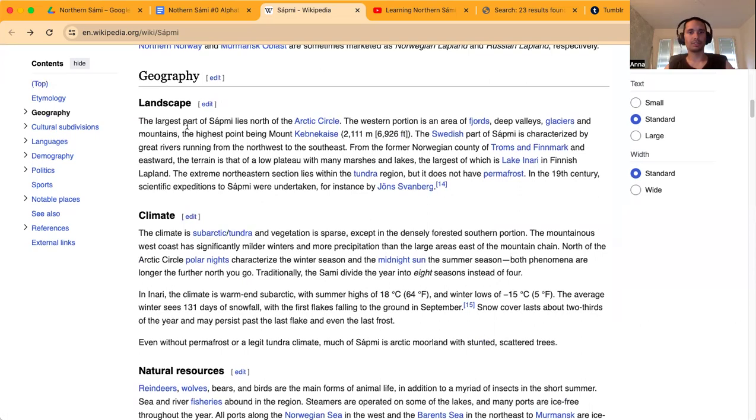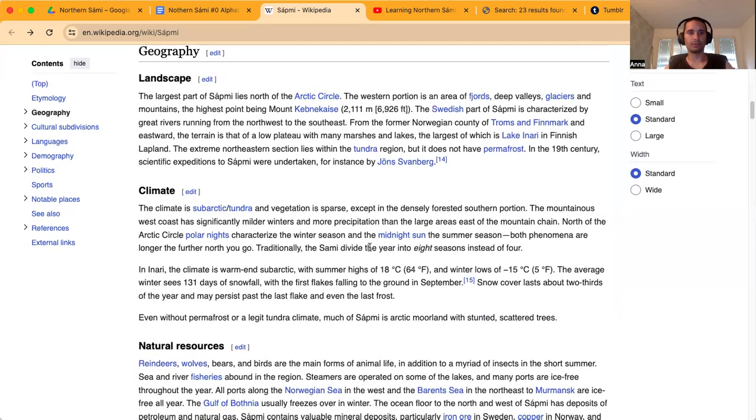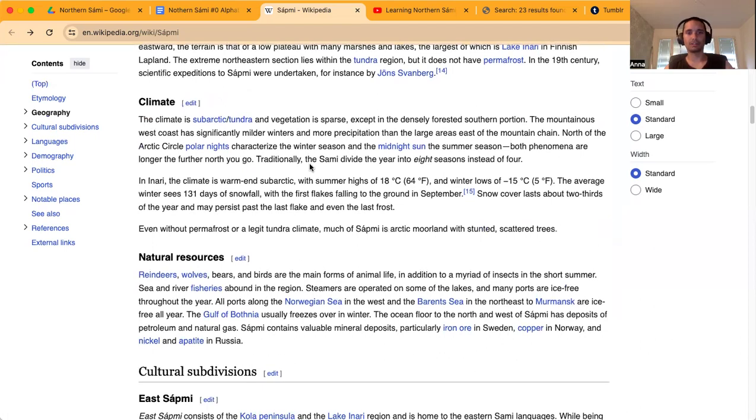And it's mostly north of the Arctic Circle, subarctic tundra. The climate is subarctic or tundra.